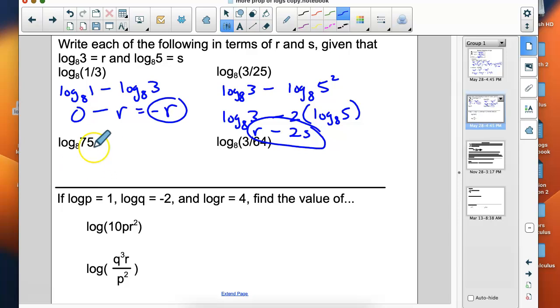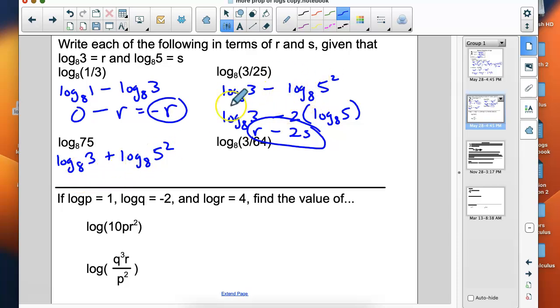All right, these are tricky. Again, the idea with these is just to try to rewrite everything in terms of r's and s's. So now that I saw that this was 3 divided by 5 squared, this one I'm going to split into 3's and 5's by thinking about what 75 is. 75 is 3 times 25, right? So I could split that into a 3 and a 25, or a 5 squared, because 3 times 5 squared is 75.